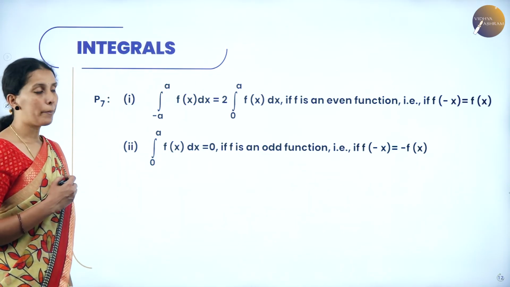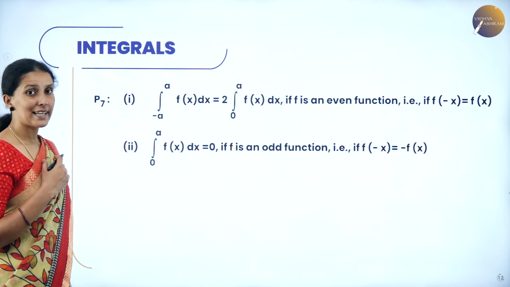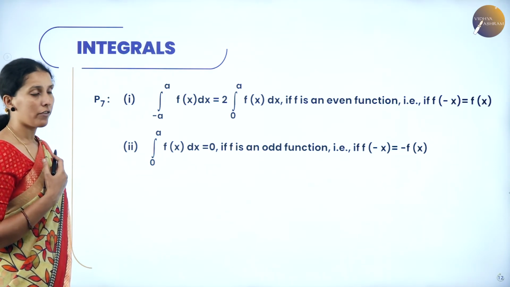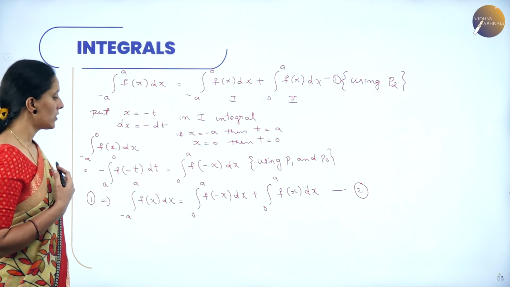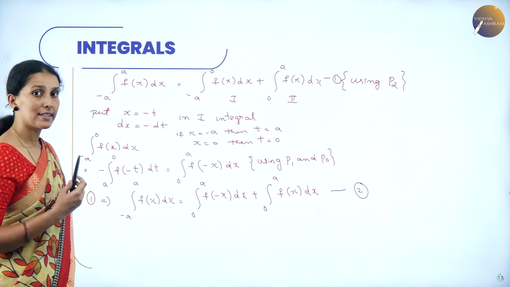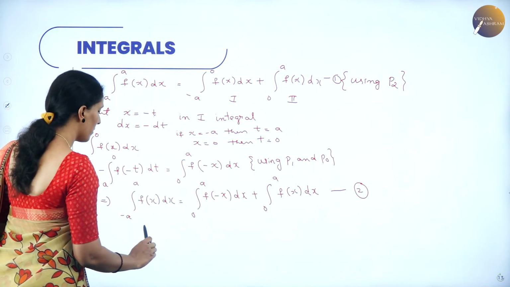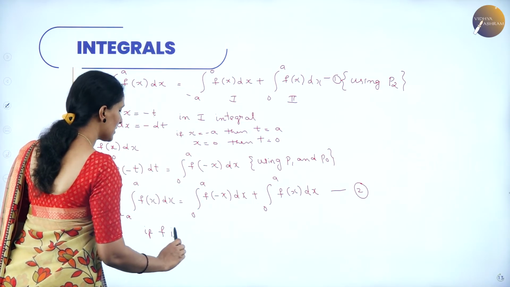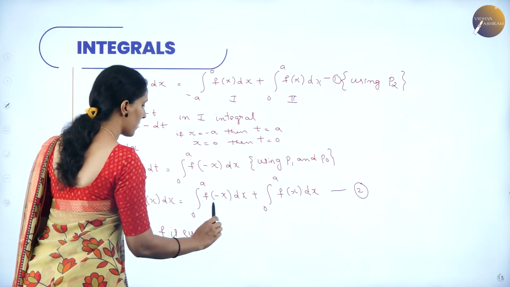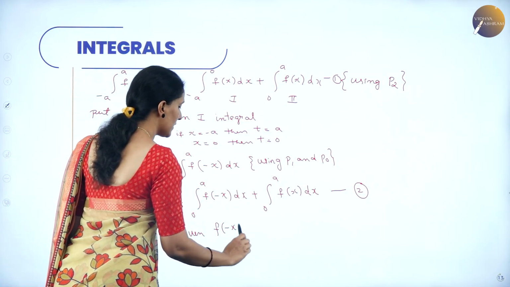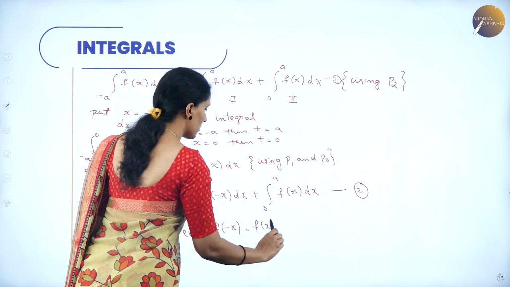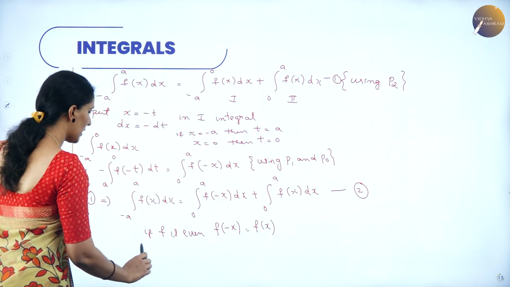Now what does the property say? If f of minus x is f of x, if f is even, f of minus x is equal to f of x. So then what happens to this integral?